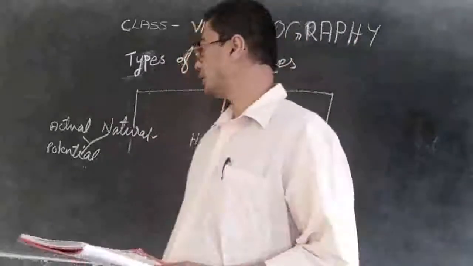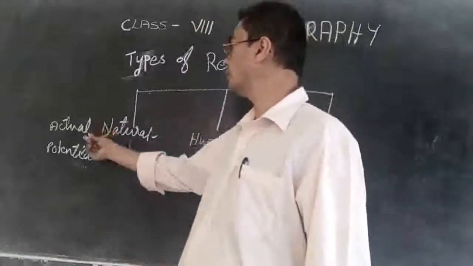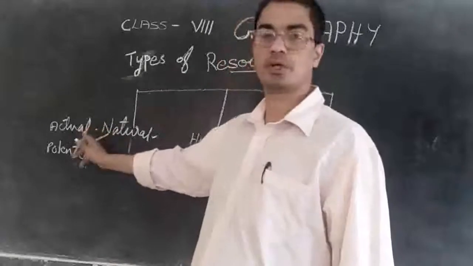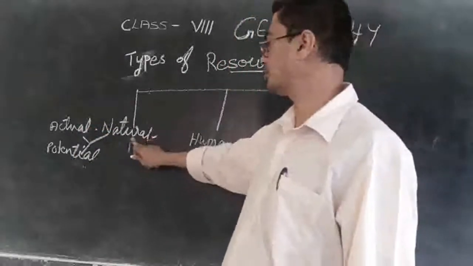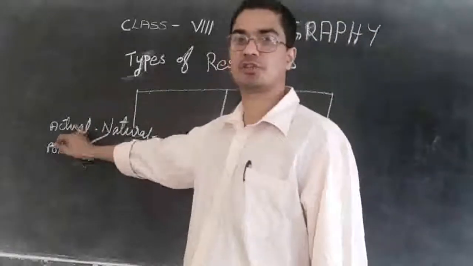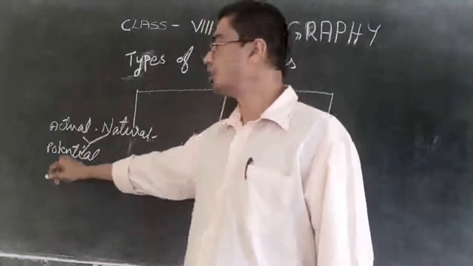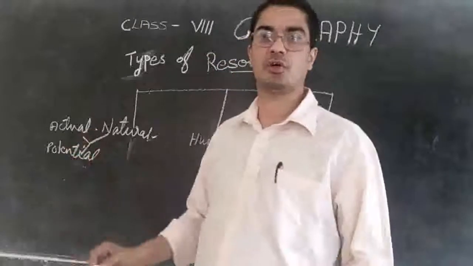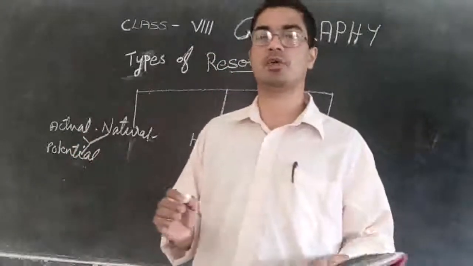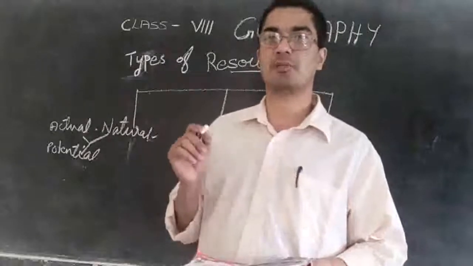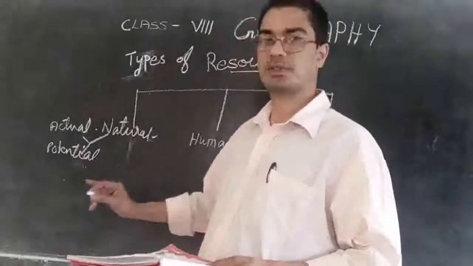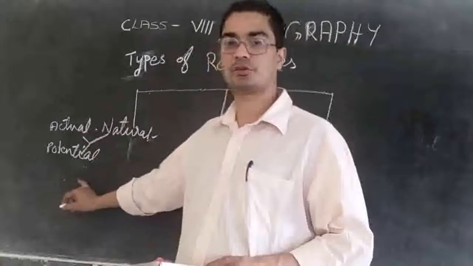So those are the two types of resources based on the level of development. Natural resources are divided into actual resources and potential resources. Actual resource means we have already identified it, we know how much quantity there is, and we are using it at present. Just the opposite is the potential resource.